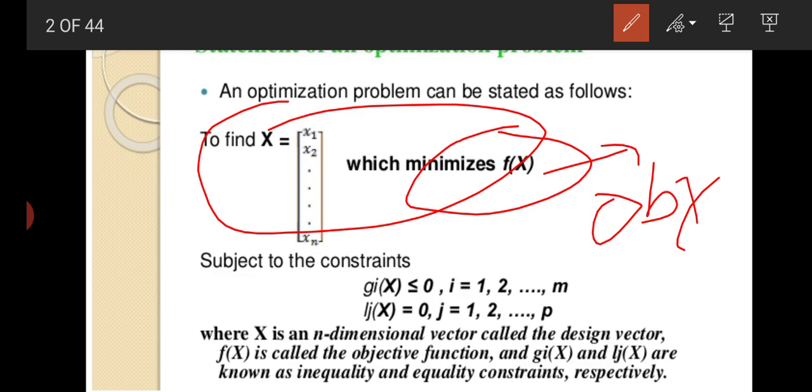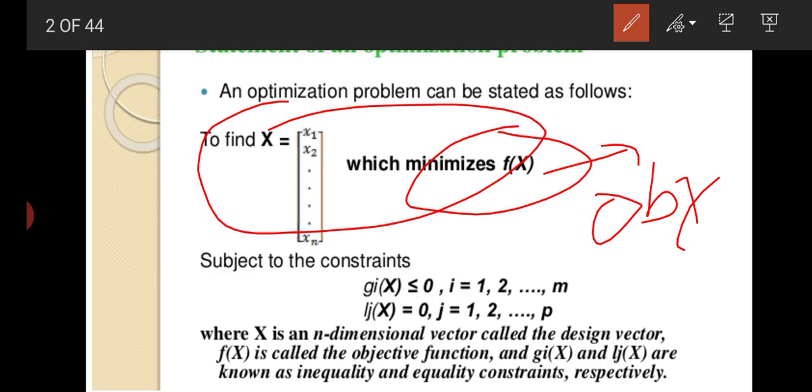And we have some constraints associated with this function. Here three types of constraints are defined.